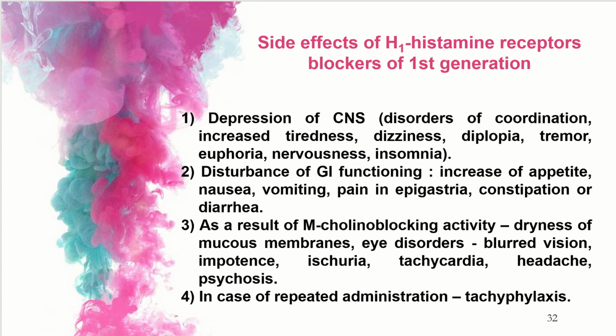We mentioned increase in appetite, and in addition, nausea, vomiting as a result of choline blocking activity, dryness of mucous membranes, eye disorders, blurred vision, etc. In case of repeated administration, as we mentioned, tachyphylaxis.